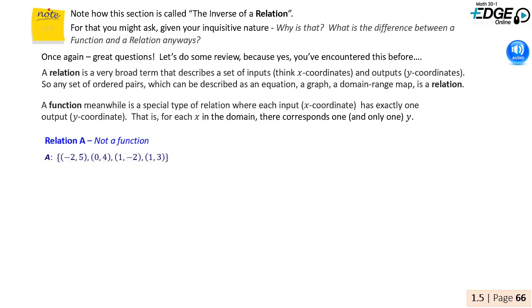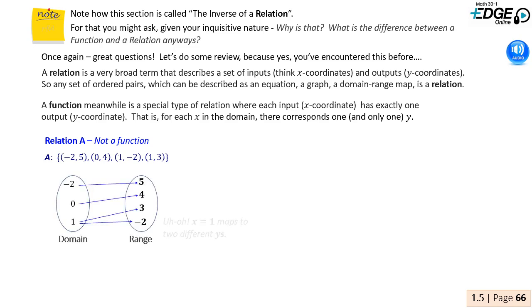Consider the relation of these 4 ordered pairs: -2 and 5, 0 and 4, 1 and -2, and 1 and 3. We can see that the input value of 1 corresponds to multiple output values. While this is still a relation, this means it is not a function.